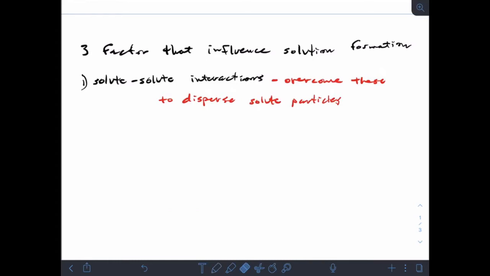So our second factor that influences solution formation is solvent-solvent interactions.